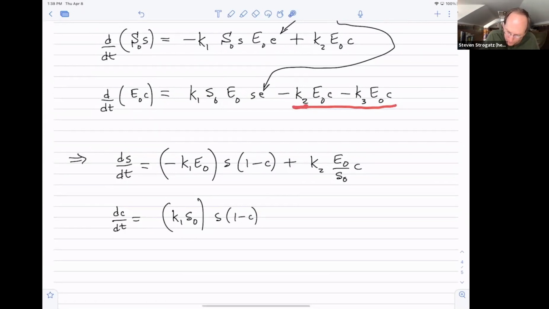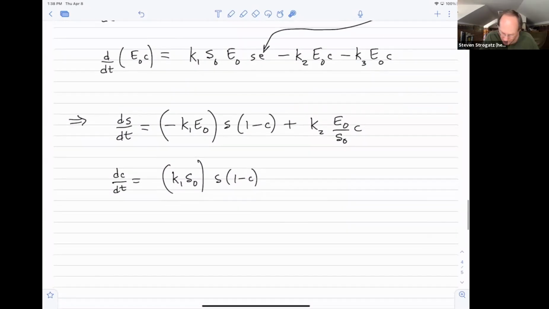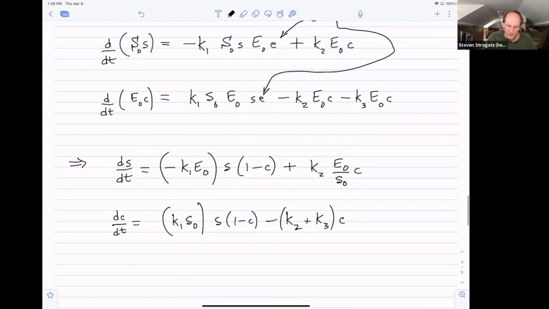The only variable in them is the little c, and they both involve this factor E0. And so the K2 and the K3 just combine. They add up. So this makes minus a K2 plus a K3 times c, where I've lost the E0 because I can divide out this E0 with this E0, this one, and that one.